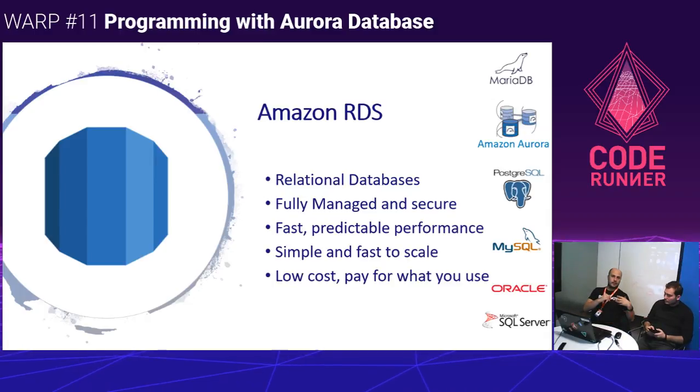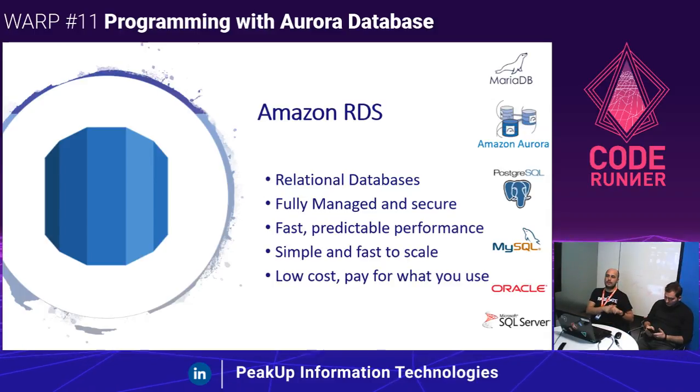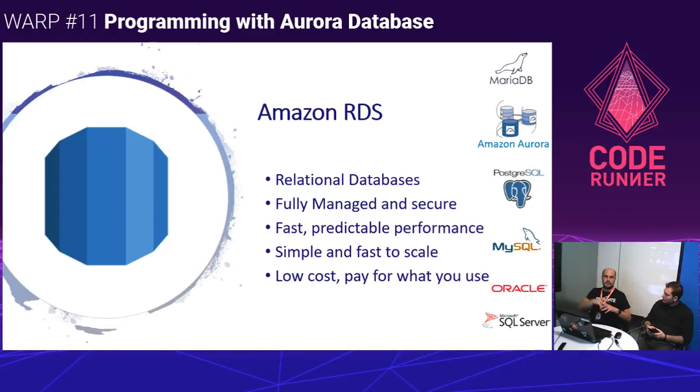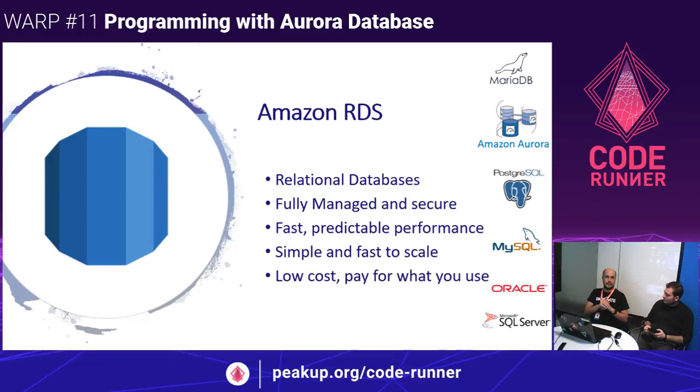First of all, I want to tell you about Amazon RDS, Relational Database Systems Services. Amazon RDS is a container service actually. It has 6 relational database services in its platform.